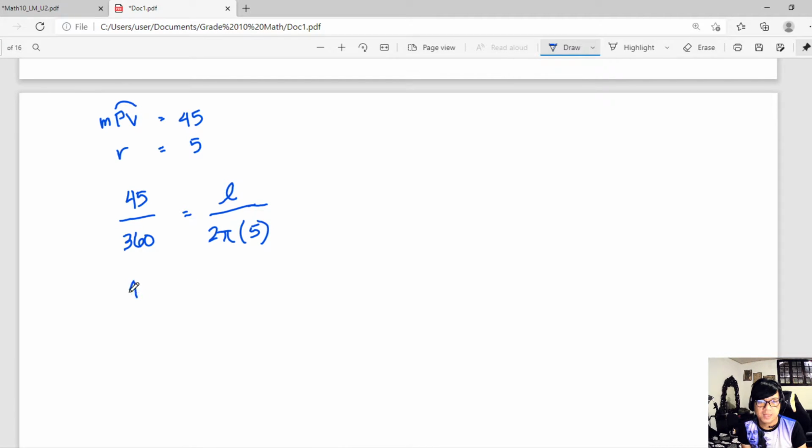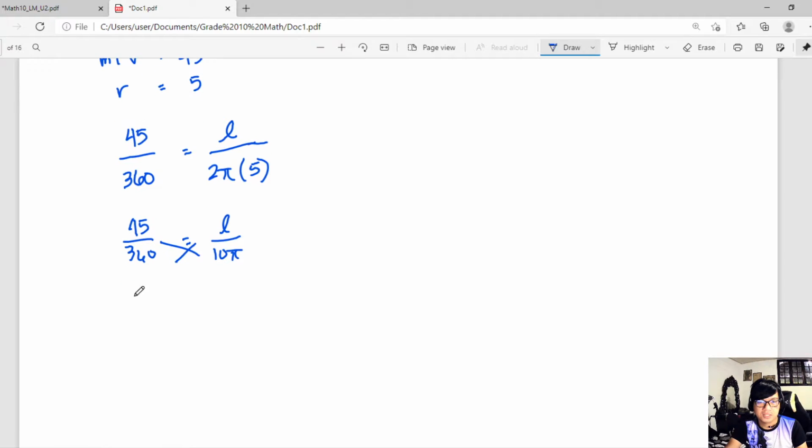So we can just copy this 45 over 360 is equal to L. So this one is 10 pi. Just cross multiply. So 45 times 10 pi is 450 pi, equals 360 times L. To get the arc length, divide both sides by 360.